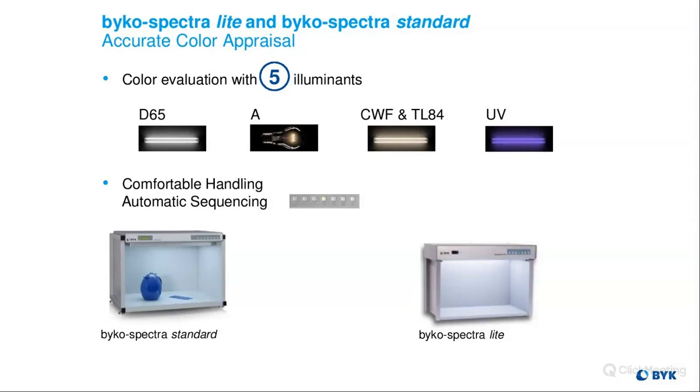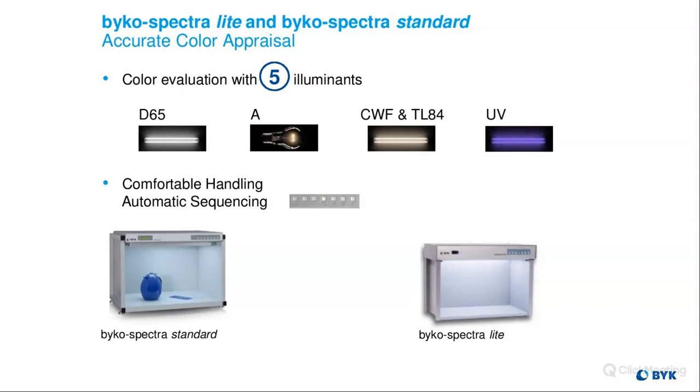There's also not only just the switches, but you can set up a sequence. So what that means is you can set up essentially a certain amount of time for each light to stay and then automatically switch to a different light source.